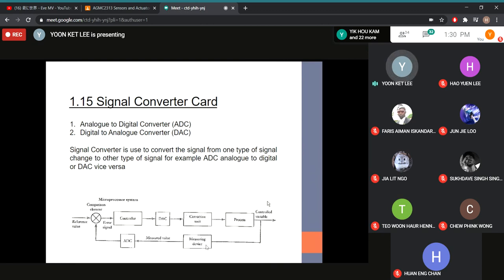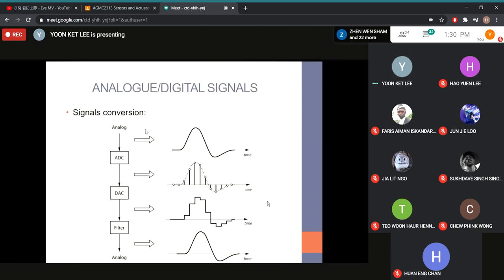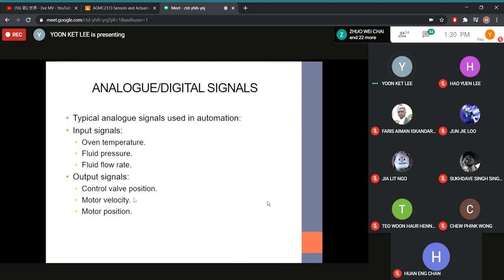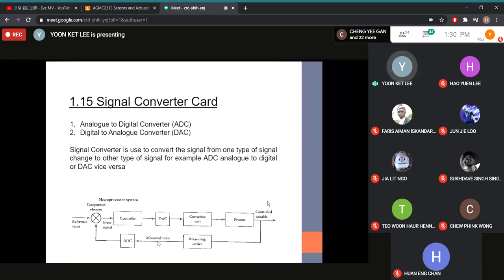When we do the measurement, this is an analog output. If motor velocity is an analog output, then what will happen? The controller cannot read it; they don't understand.